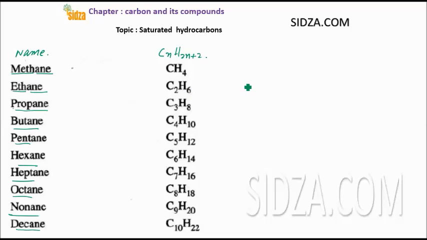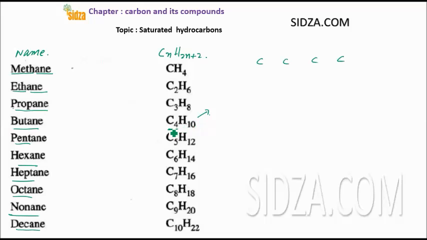If I want to draw the structure of any of these hydrocarbons, what am I going to do? Let's take an example of butane. If you had to draw the structure of butane, we will first see the number of carbon atoms. So I'm going to draw the 4 carbon atoms first. 1, 2, 3, and 4.